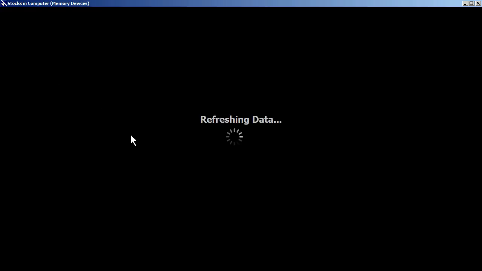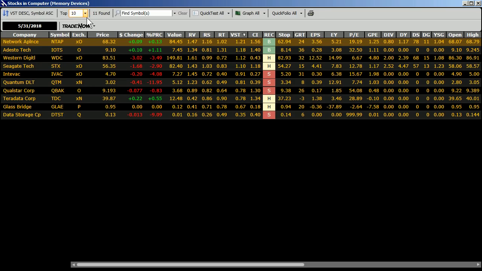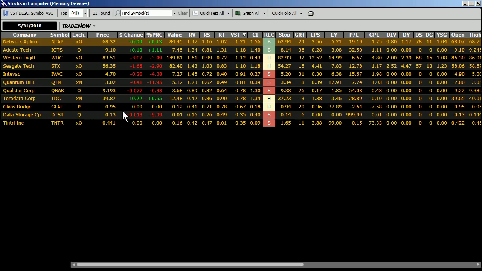Finally, computer memory devices. 11 stocks in this group, 2 buy ratings. Those are the 2 stocks that are in uptrends by virtue of their RT score, even though several have some acceptable fundamental strength.